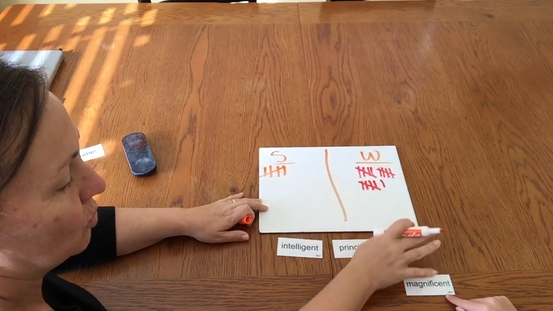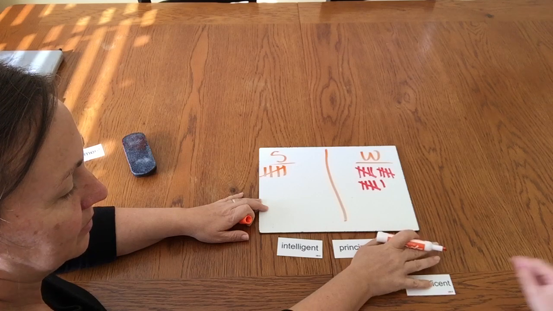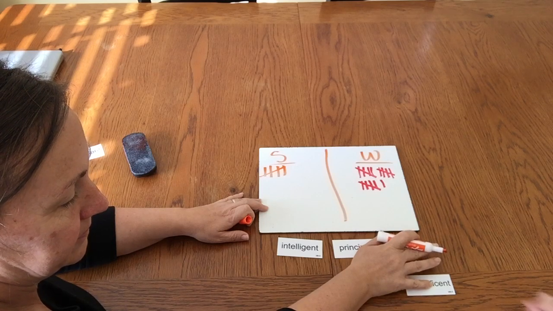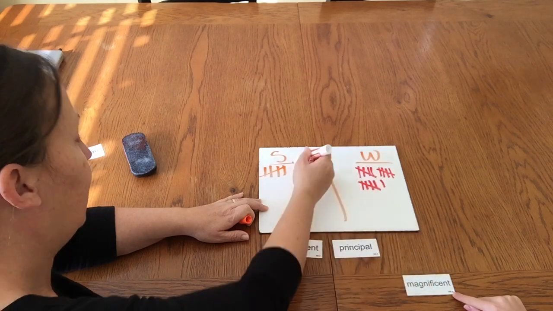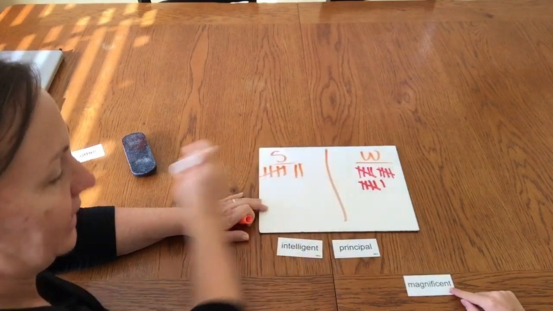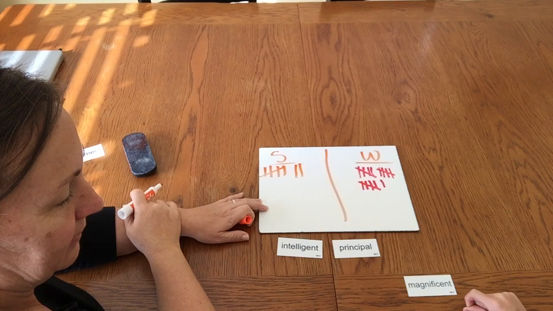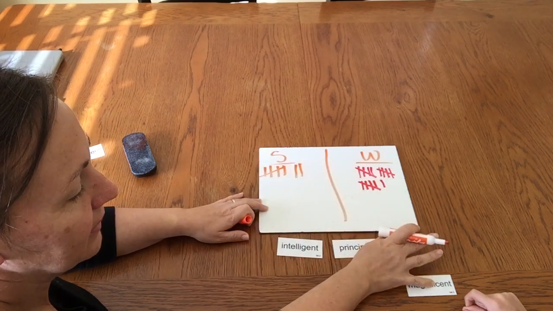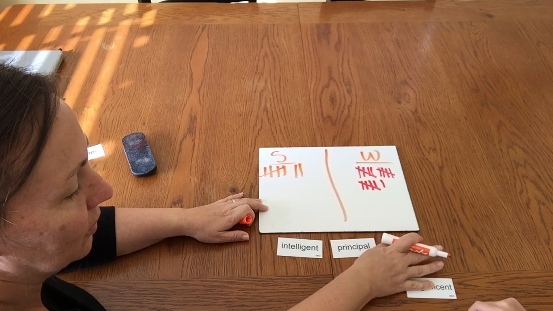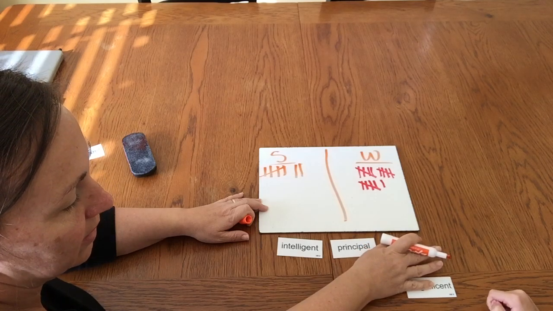Can you tell me anything more about that? So it's a closed syllable. Short E says eh. Okay. So it's short and it says eh. Okay. Is there anything else about that syllable that you know? Is there any blends or digraphs?